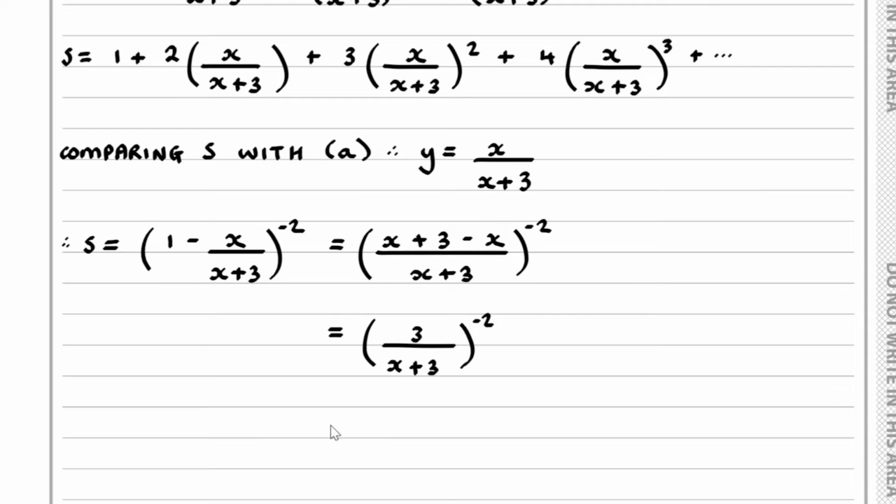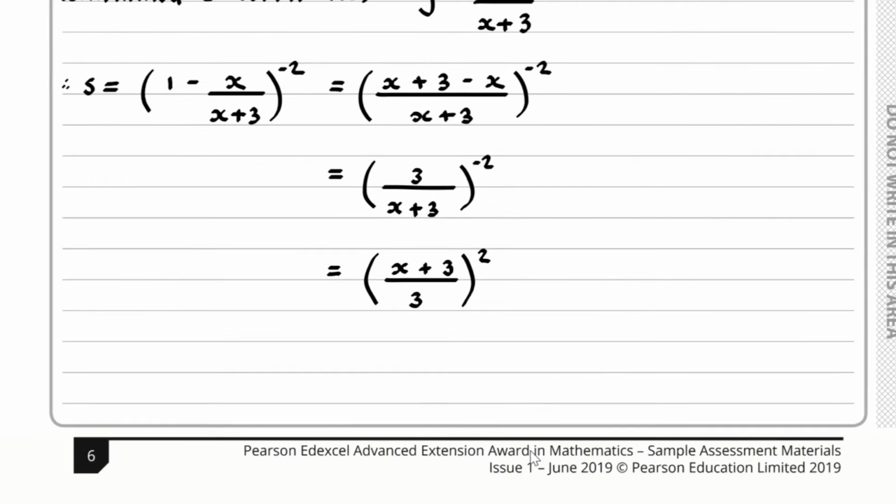Because we've got a negative power, we can rewrite what's in the bracket as x plus 3 over 3. The consequence of doing so, we'll have to raise this to the power of 2. And the result here is the same as 3 over 3 plus x over 3, to the power of 2.